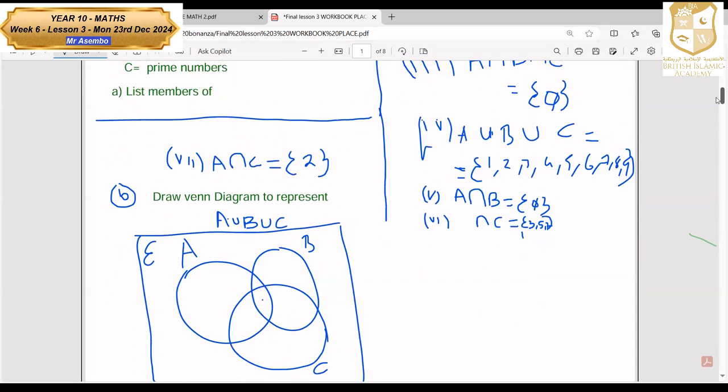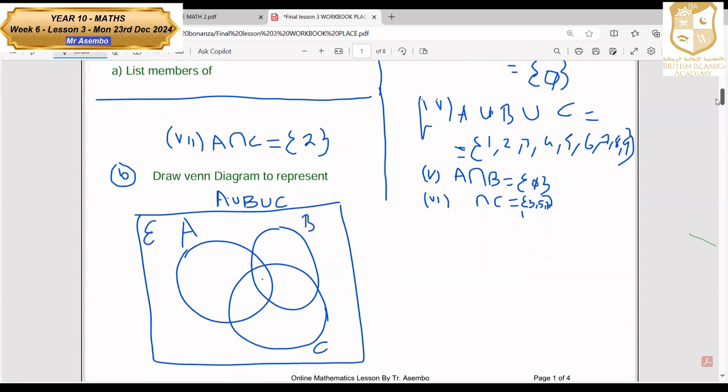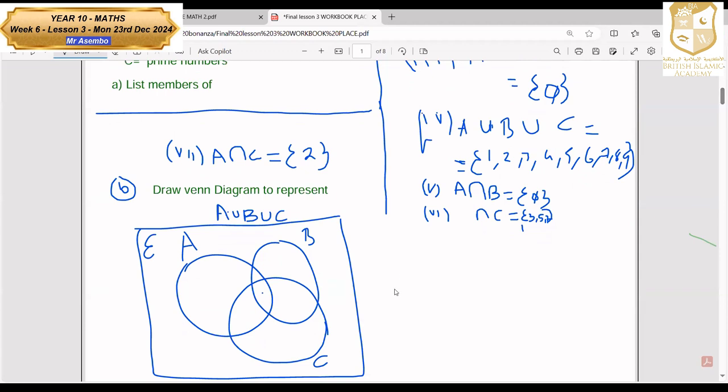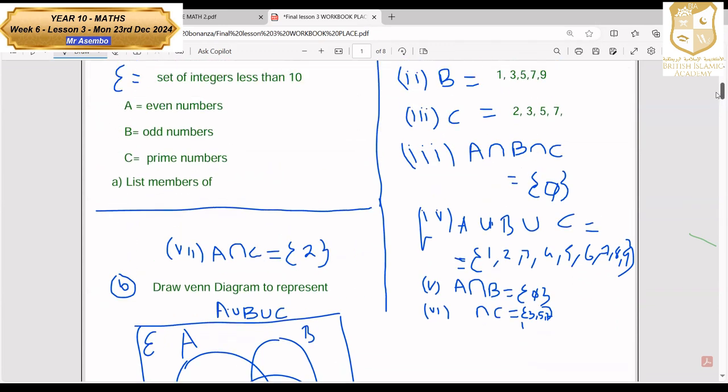Now, do we have A and C? The one who can put here A and C? 2. So you put here 2. Okay. Do you have B and C? The one appearing in both B and C?